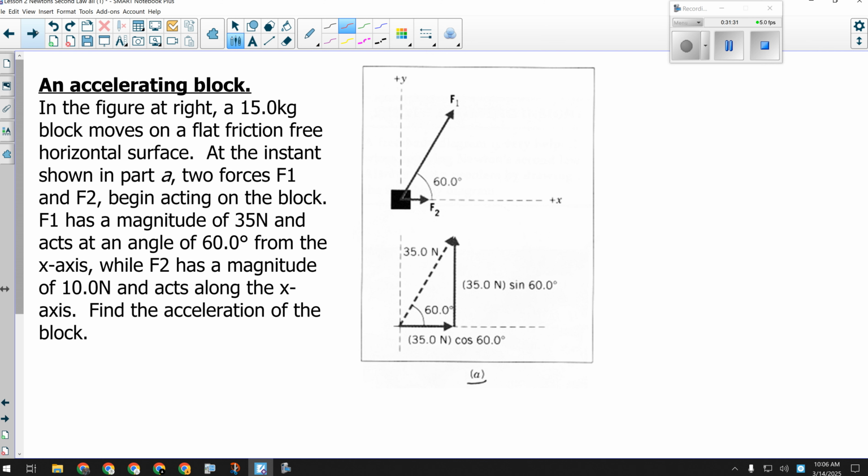In the instant shown in part A, two forces, F1 and F2, are acting on the block. F1 is 35 newtons, 60 degrees from the x-axis, and F2 is 10 newtons along the x-axis. So, if I'm drawing a free body diagram of this situation, it's going to look a lot like this, except mine's going to be more thorough.